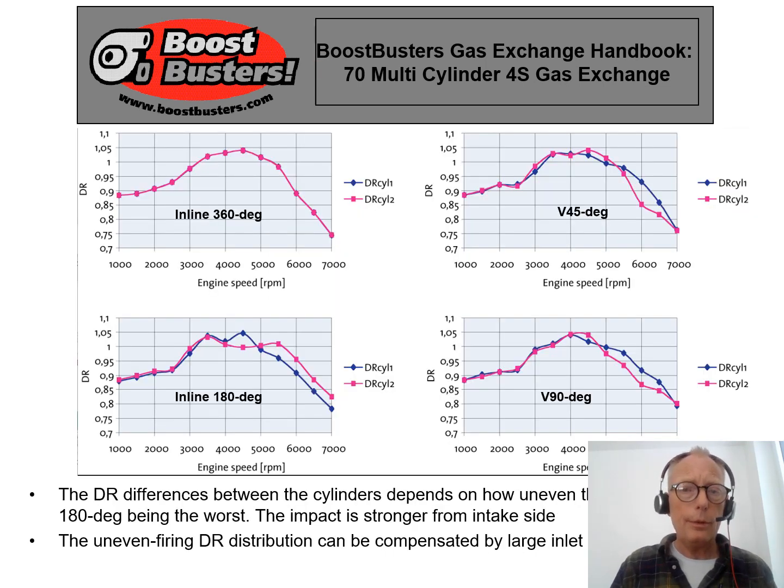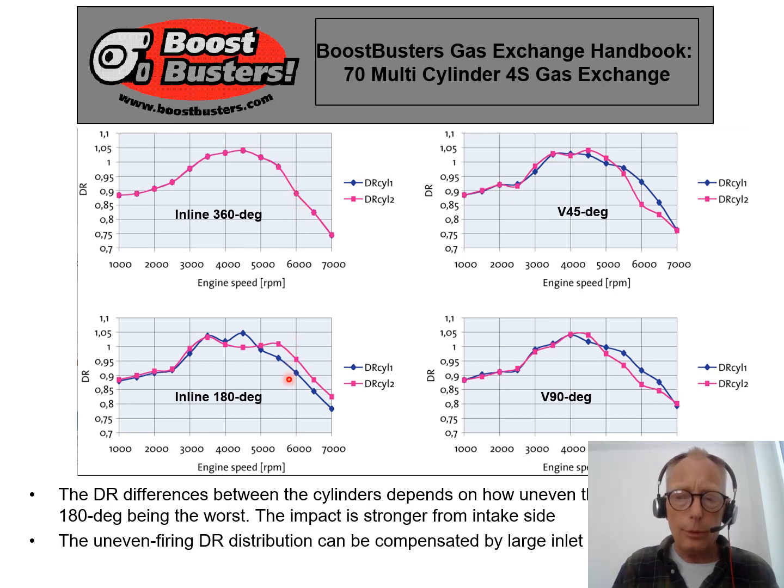Here we have the 4 different two-cylinder engines, and we also have the delivery ratio distributed for the different cylinders. So for the 360-degree engine, and it should also be stated boxer engine here, you cannot tell the difference. They are completely similar.